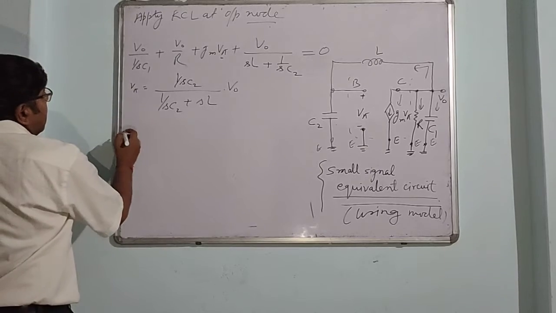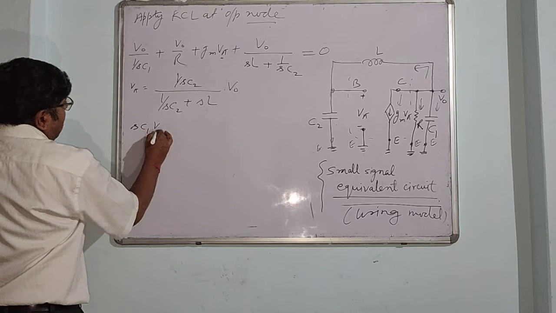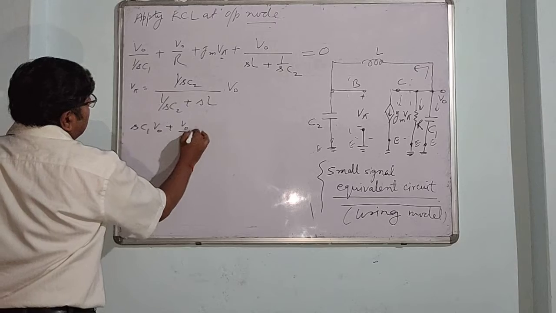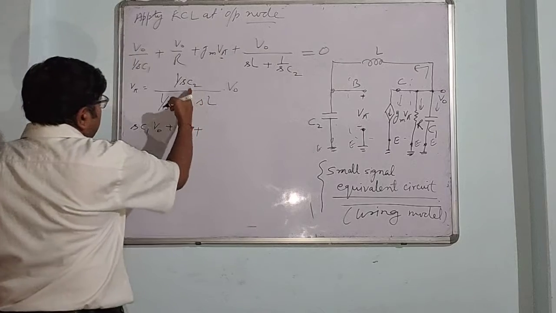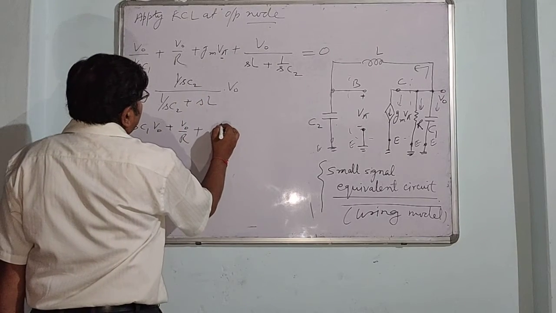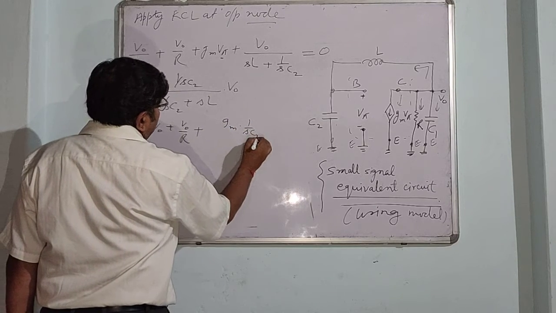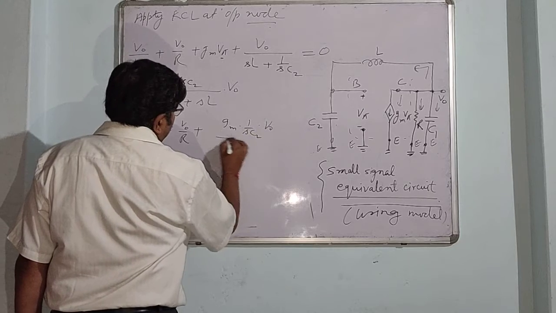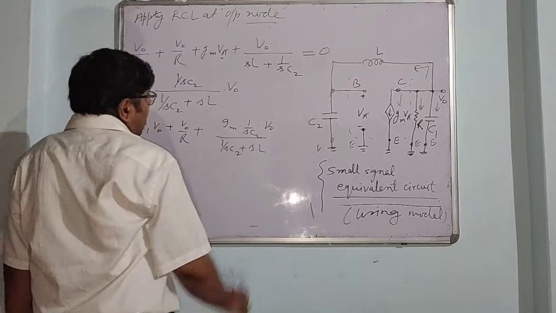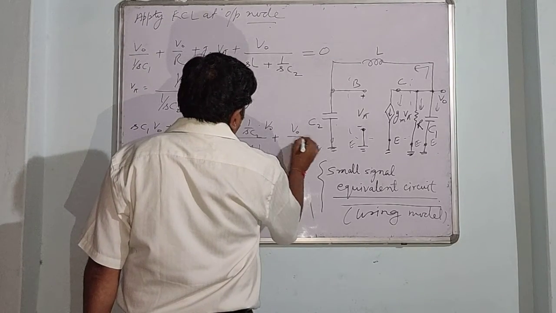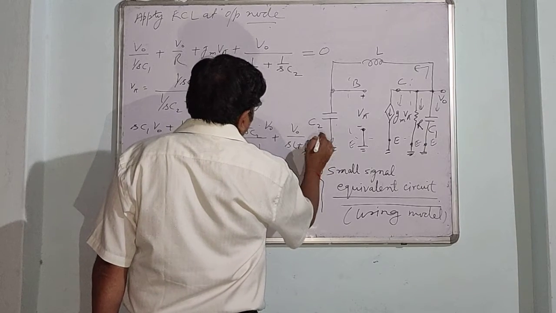You can replace and you can write SC1 V0 plus V0 upon R plus Gm into (1 upon SC2) into V0 upon (1 upon SC2 plus SL), plus V0 upon (SL plus 1 upon SC2). This must be equal to 0.